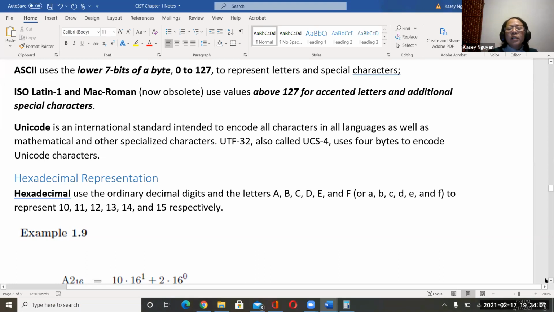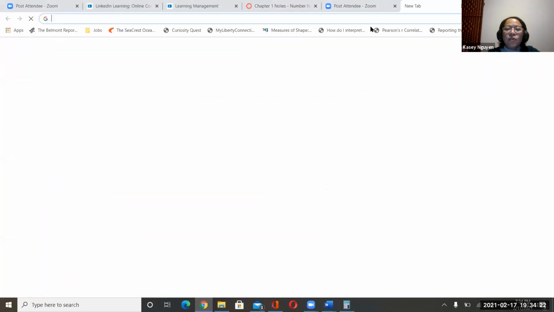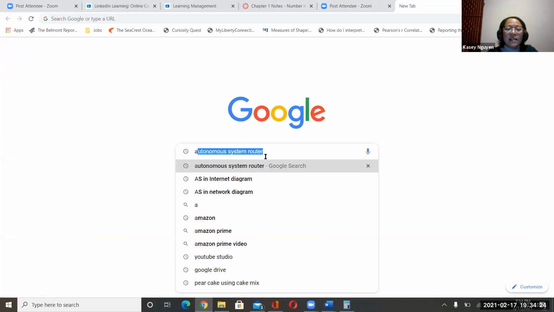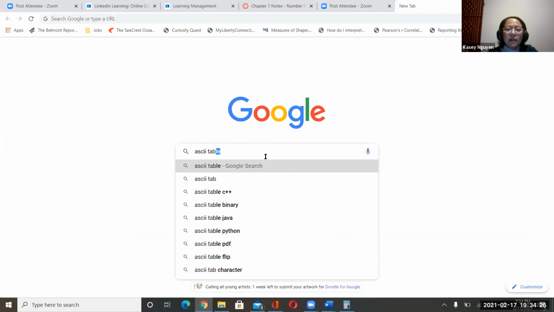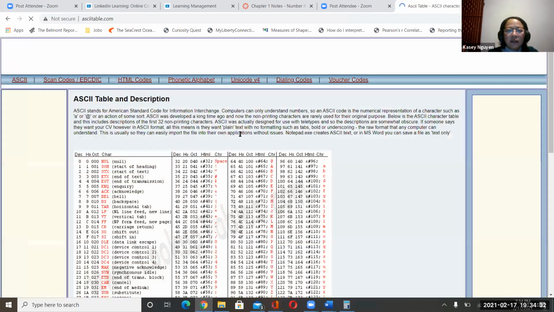So the text that humans see still needs to be converted to numerical values. I don't know if your teacher has shown you the ASCII table. In this class, we will work with this when we look at encryption.